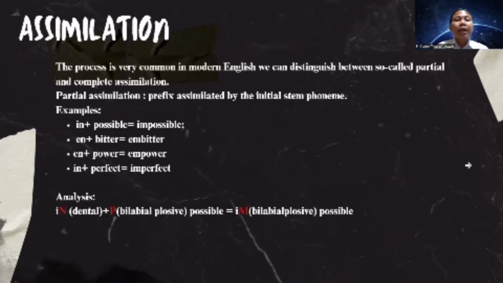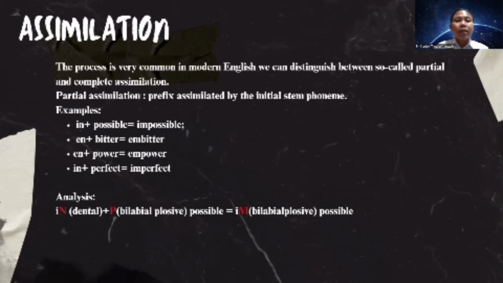Next is assimilation. Assimilation is a process that is very common in modern English. We can distinguish between so-called partial and complete assimilation. Partial assimilation is a prefix assimilated by the initial stem phoneme.